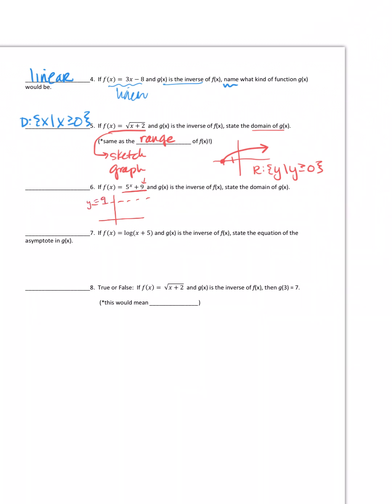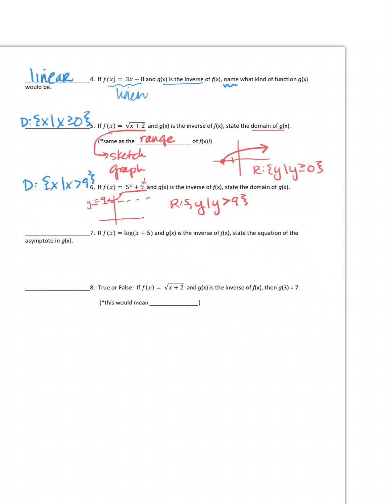And that means it's going this direction, right? Well, that means my range here was y is greater than 9. Can't be equal to, it's greater than 9. So when I convert to domain for the inverse, x is greater than 9.